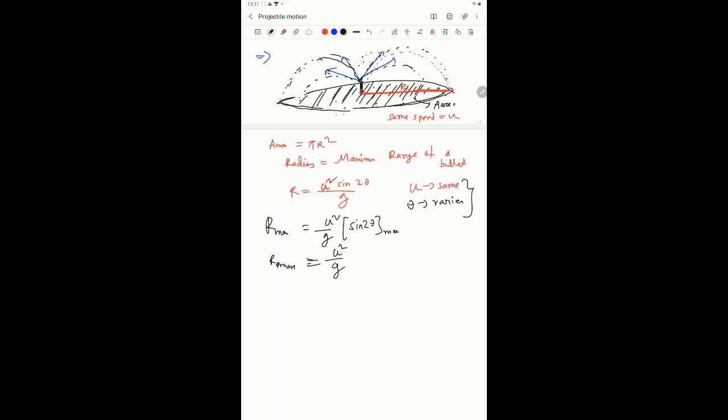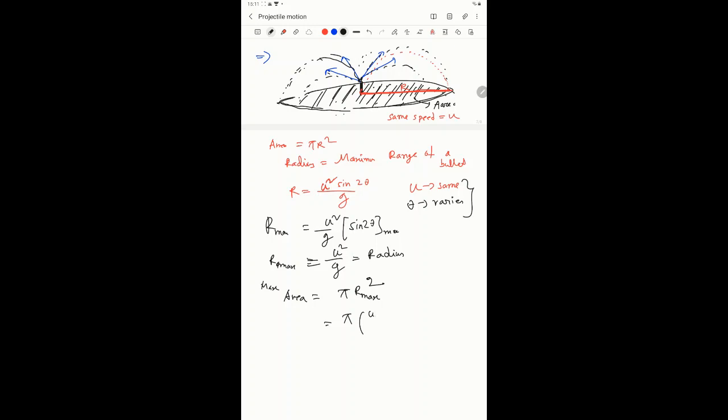So we can conclude that the maximum area would be pi into maximum radius square. Radius equals the maximum range, R max, so the area is pi into R max square.